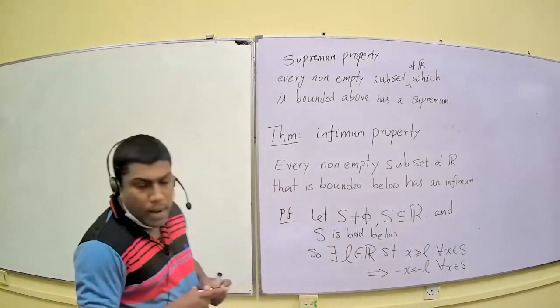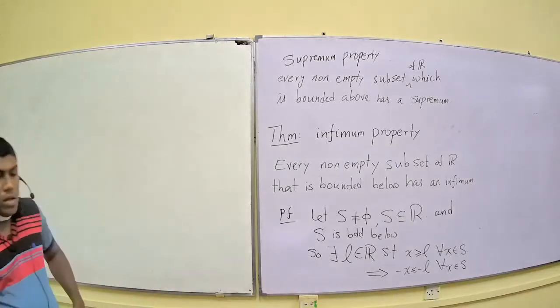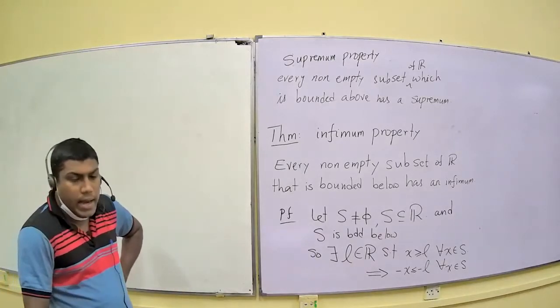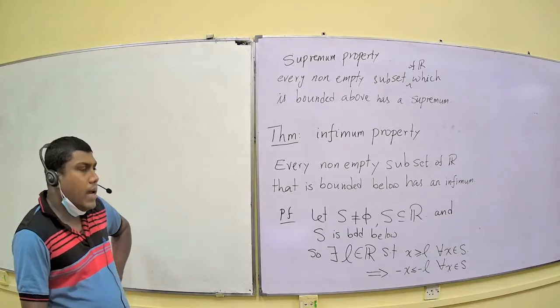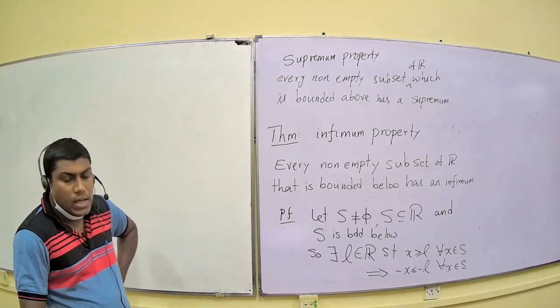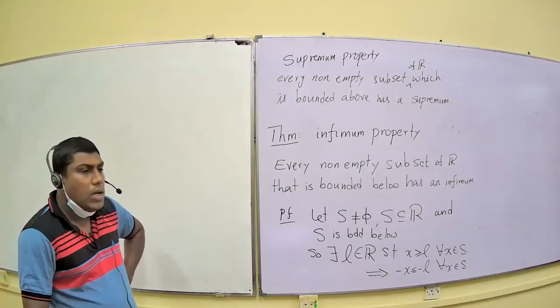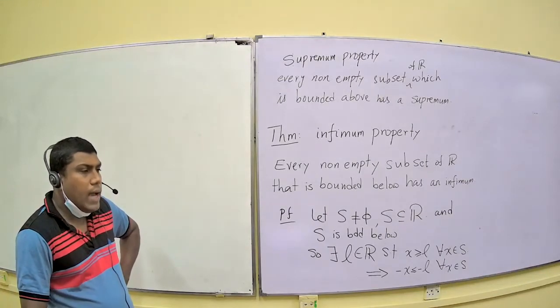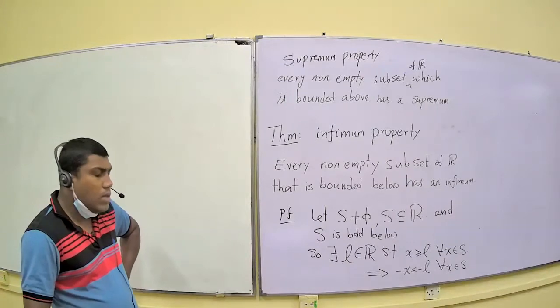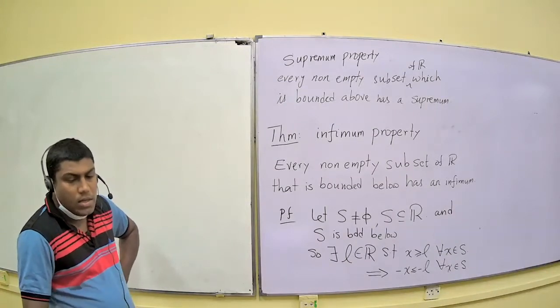When you multiply the inequality by -1, we already studied that under the second axiom, order properties, the inequality reverses.